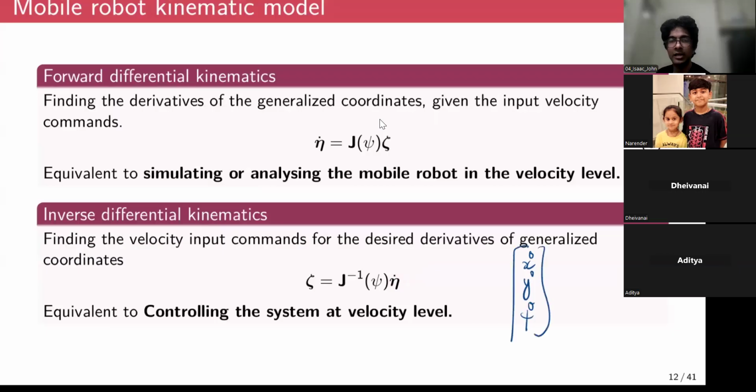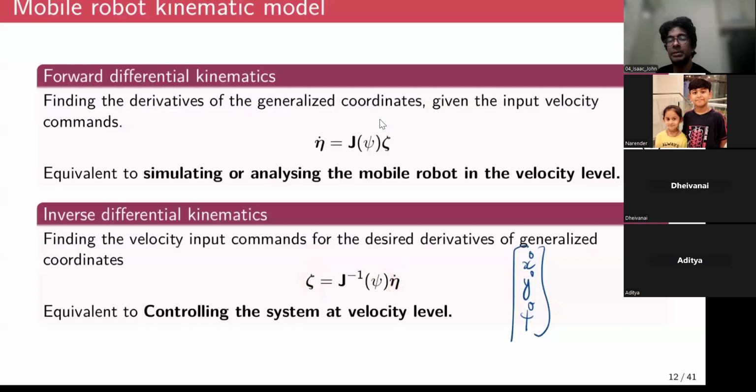These are our desired coordinates or desired velocities. What should be the input that we are required to give to the robot? For a desired motion, what should be the input? That problem is inverse differential kinematics, finding this zeta from eta dot.